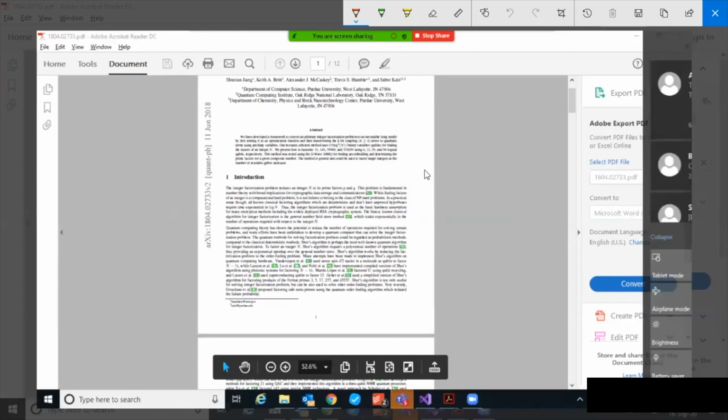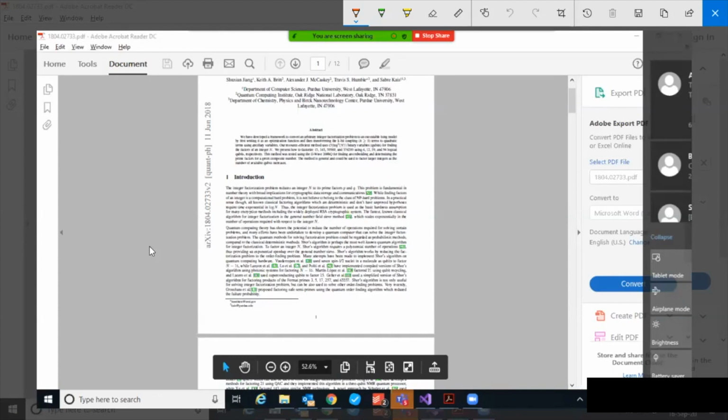Whatever you have heard about previously, if we summarize it, what we are trying to do is solve an optimization problem, or a combinatorial optimization problem.